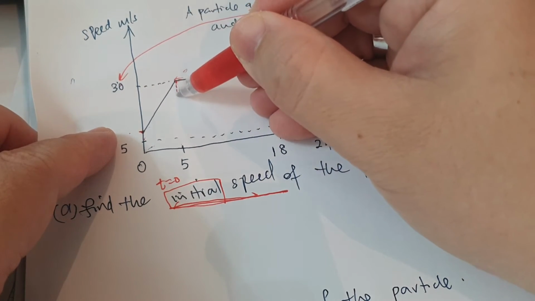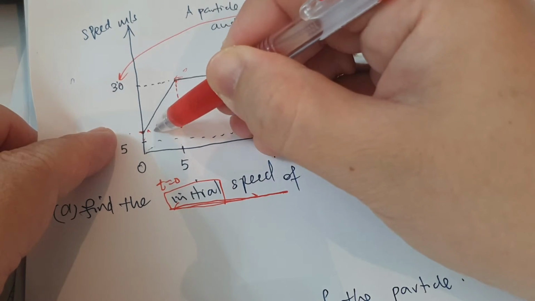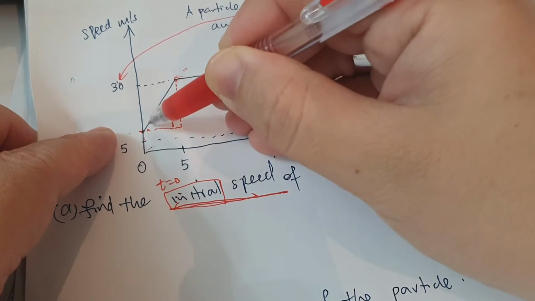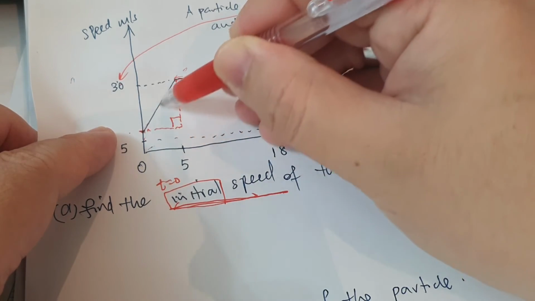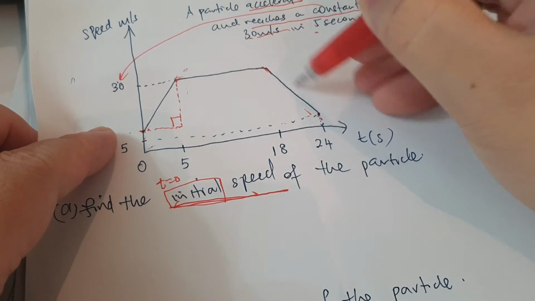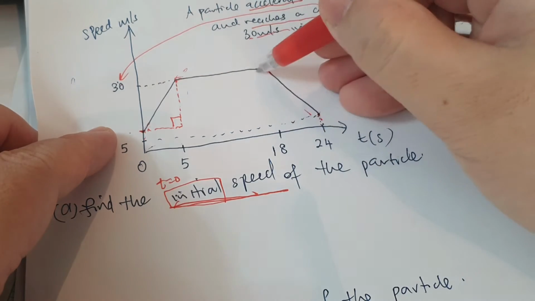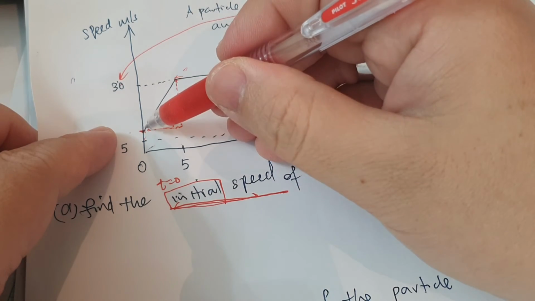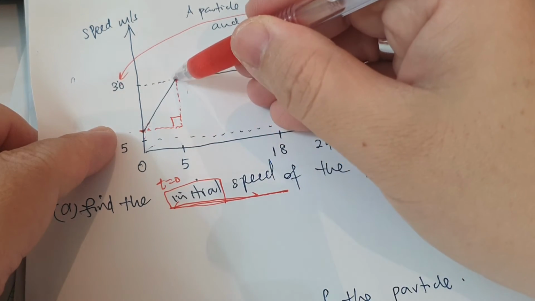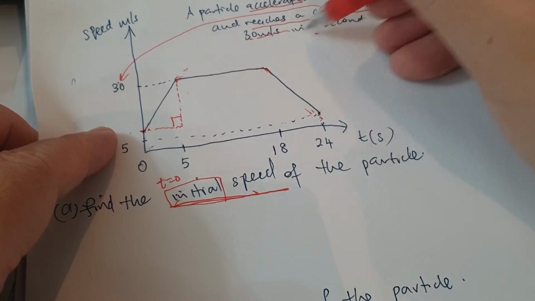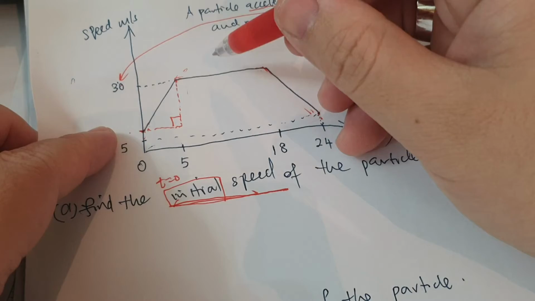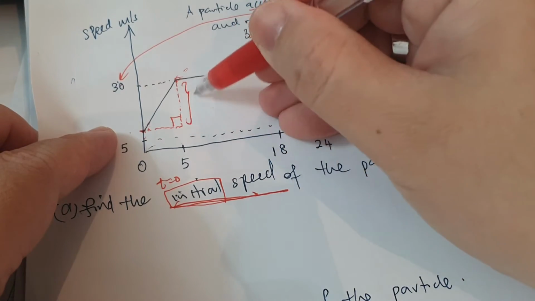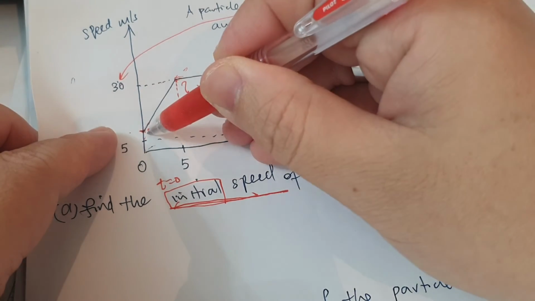We know that acceleration is when the speed is increasing like that. Accelerate, constant speed, decelerate. To find the acceleration, which is given, where is it? Here. Don't you think it is just this rise over the run?